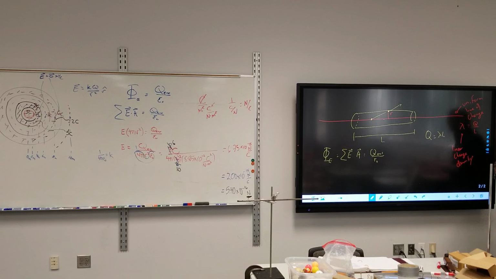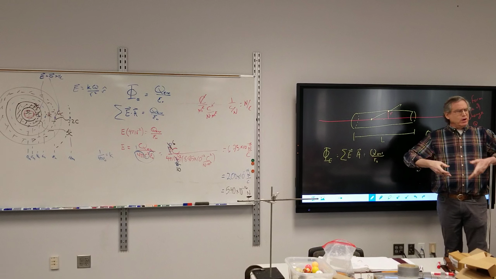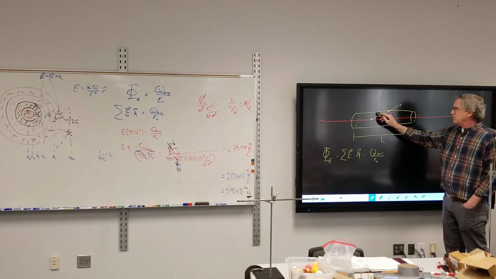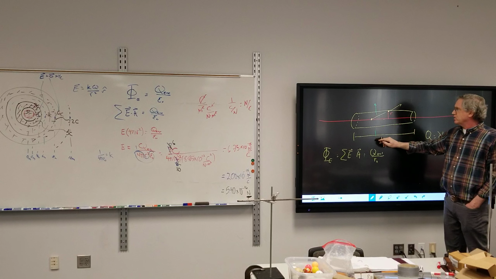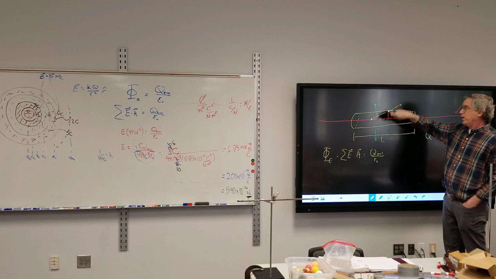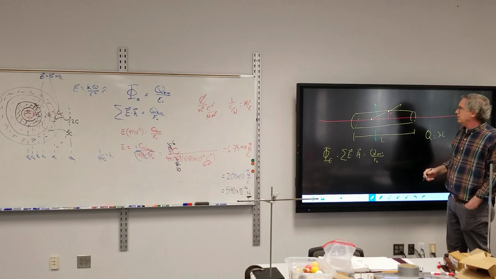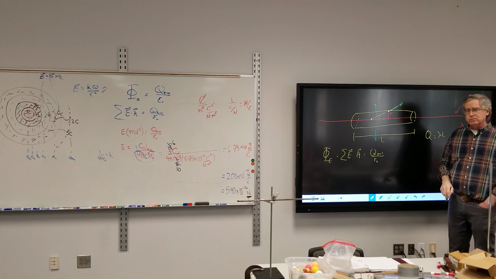Now my electric field, I know that my electric field has to be going away from the line. My electric field has to be going in that direction, all the way around, but it has to be going directly away. And how do I know that? Well, I know that at this point right here, I have an electric field going in that direction.